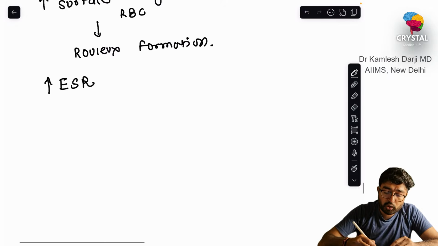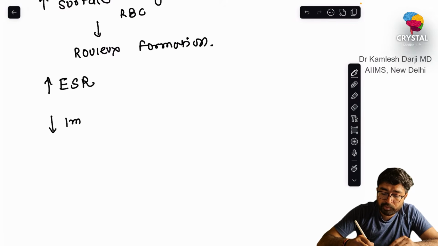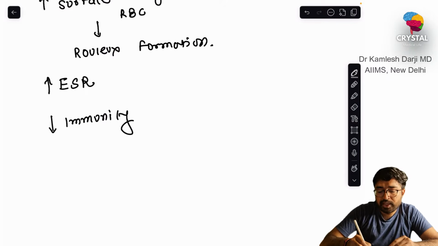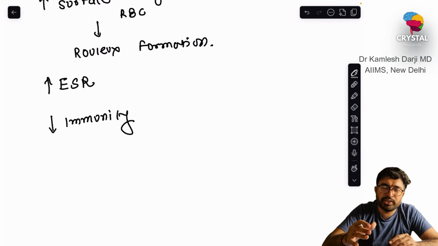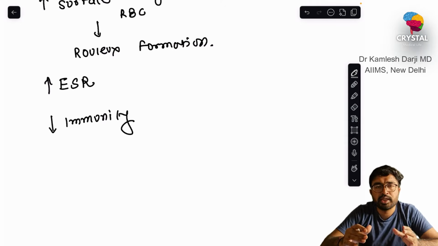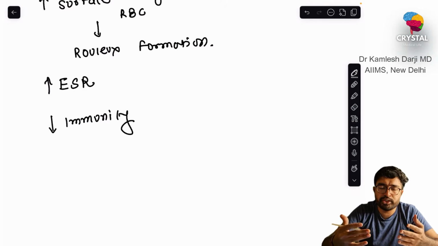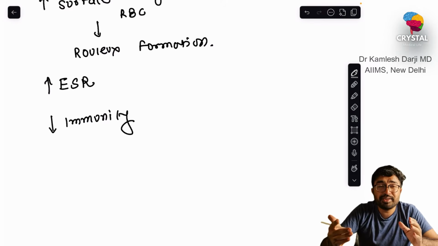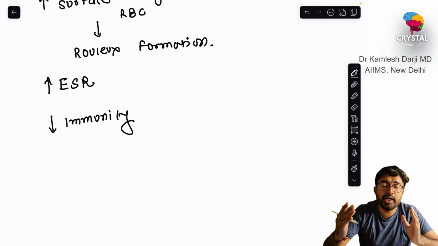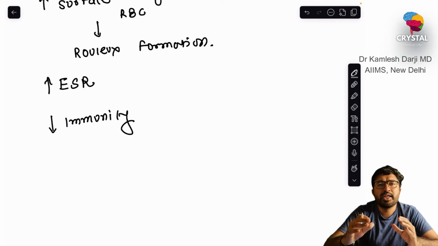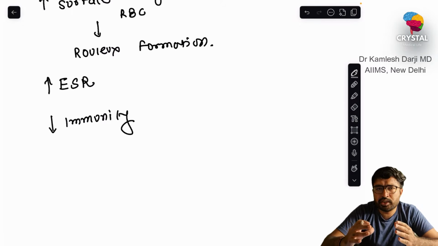Next thing, it can cause suppression of the immunity. How? These are not specific antibodies, not specific immunoglobulins against specific targets like microorganisms or external antigens, but these are random non-specific antibodies. That opsonization process is completely nullified, and your immunity is not enough to kill that bacteria.